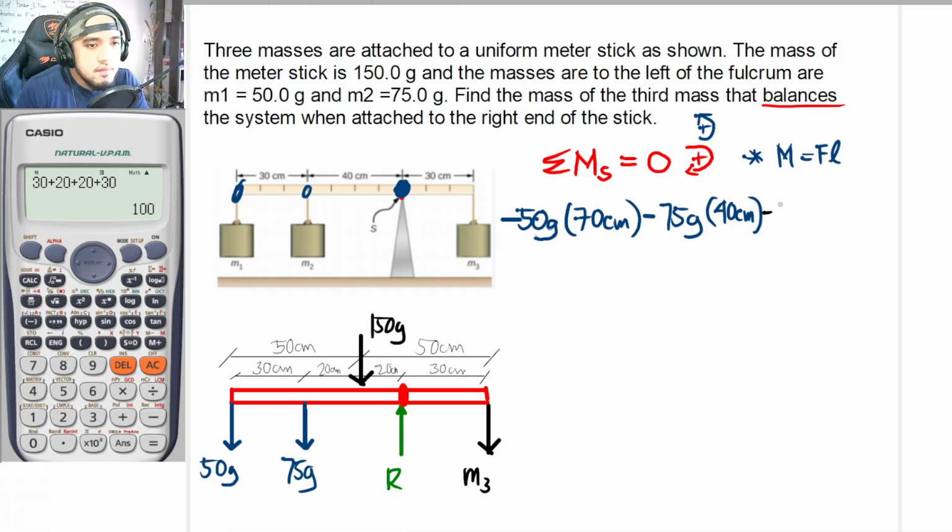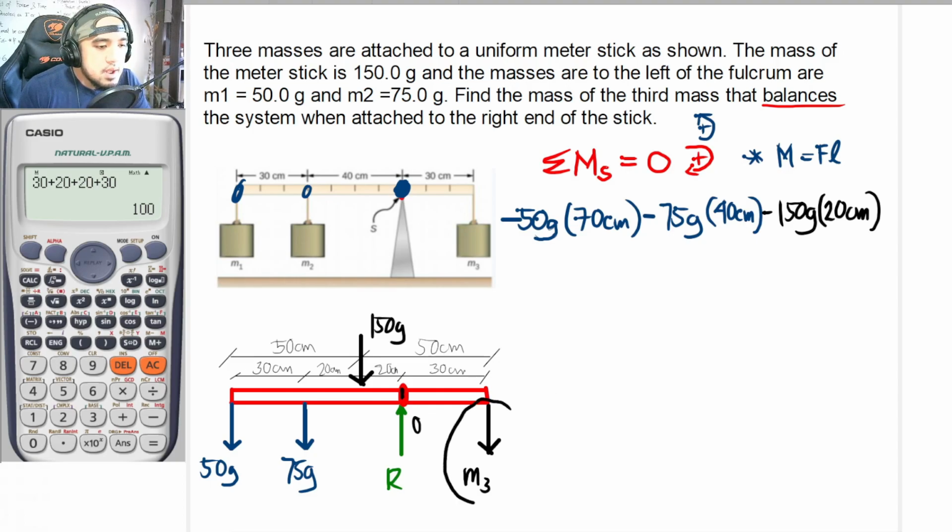So negative 150 grams times the lever arm, which is 20 cm. For R, its lever arm is 0 cm. Thus, it would just be equal to 0 and I would not be including it here any longer.